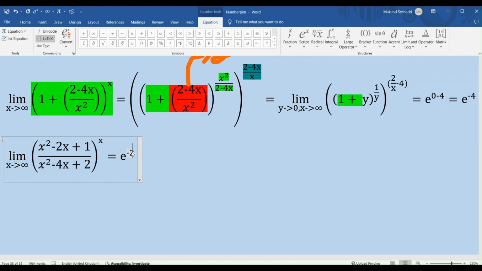And we have a very similar thing done for the denominator as well, which is e to the power minus 4. And when I rewrite this, all that I get is e to the power minus 2 divided by e to the power minus 4, which is e square, right? So that's the final answer for this problem.